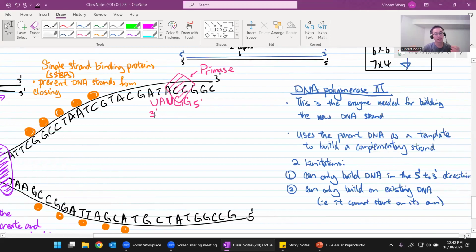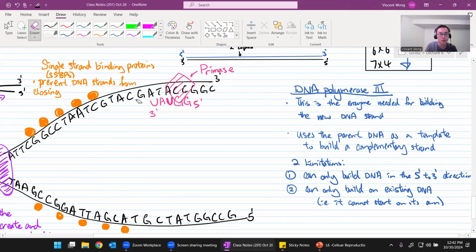Now, here comes the next weird concept people were having trouble with this morning. The second limitation of DNA polymerase 3, and again, this is the enzyme that will actually build the majority of the complementary strand, is that it can only build DNA in the 5 prime to 3 prime direction. Okay? So don't draw this yet. Think about it.